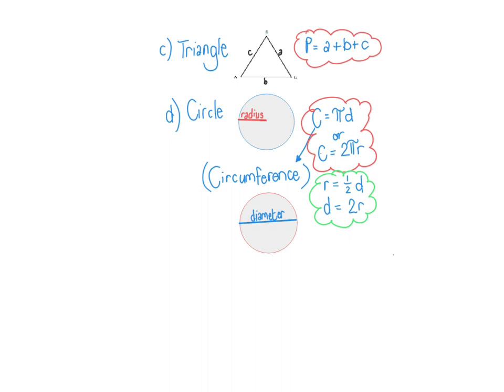Then one day someone did a little investigation, and they realized that every time they take the measurement of the circumference and divide it by the diameter measurement, it gives you the same answer, and that is pi. So pi is actually the ratio of the circumference to the diameter. So that is your pi value. That's how it was discovered.